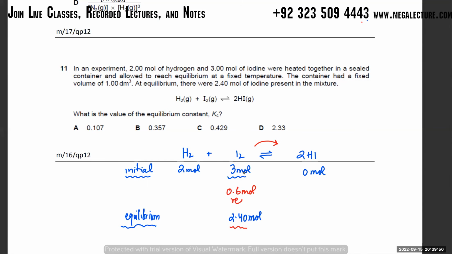Yes, sir. Remember, I told you the ratio will apply. So 0.6 moles reacted, so 0.6 moles of H2 must have reacted as well. It's 1:1, right? Is that clear? Yes, sir. And 0.6 will react with 0.6 to produce double the amount, which would be 1.2 moles.